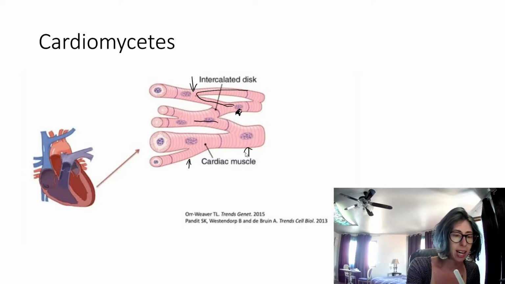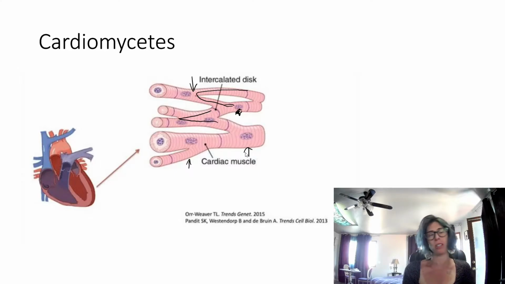So a third of our heart cells have two or more nuclei. The branching structure is visible under a microscope, so that's a defining feature. Most of the ones you see will have a single nucleus, but you might see more than one. That's still okay for the heart.